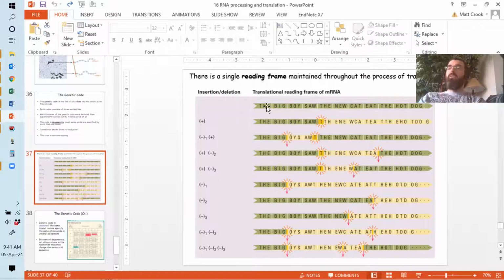So you'll get part of the correct amino acid sequence at the beginning until you get to that insertion or deletion, and then after that, it will be something completely different. So that's bad enough in and of itself. That would generate a protein which has a completely different structure, and who knows what it would do. Most likely it would just be a clump of non-functional protein, which has its own issues as well.